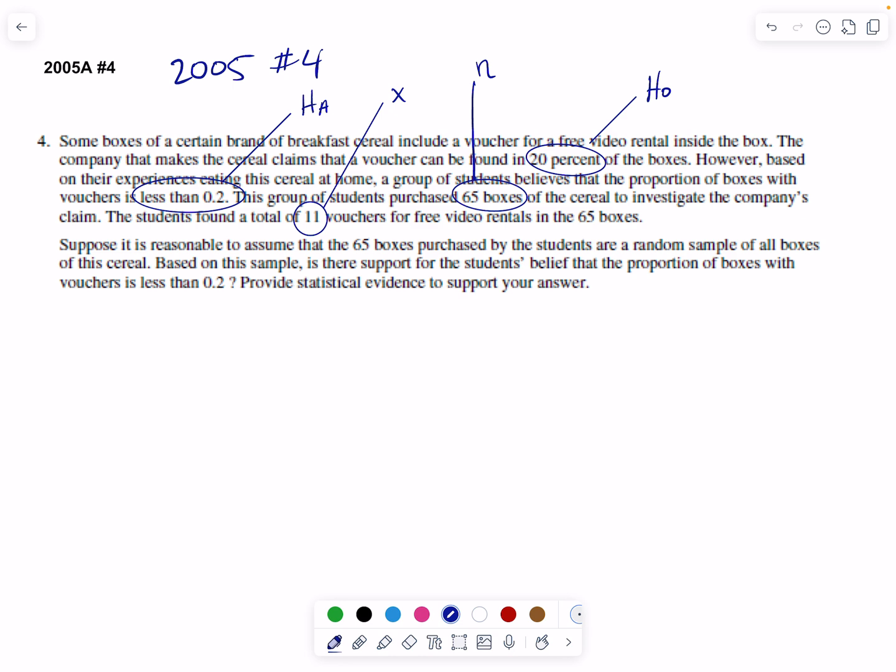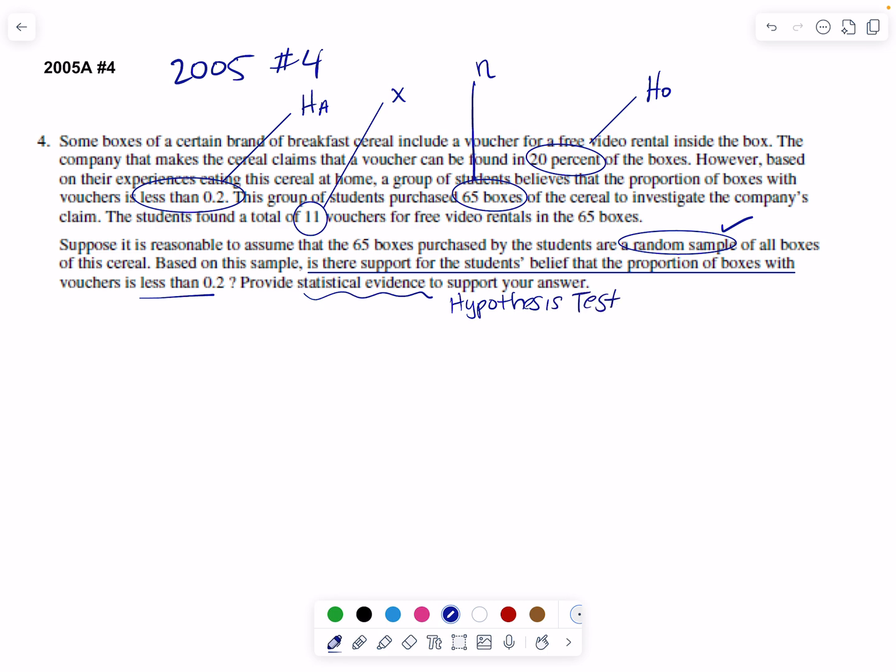Suppose it's reasonable to assume the 65 boxes bought by the students are a random sample, so that's good. That's my random sample condition. And based on this sample, is there support for the students' belief that the proportion of boxes is less than 20%? Provide statistical evidence. Guys, that is telling you to run a hypothesis test.